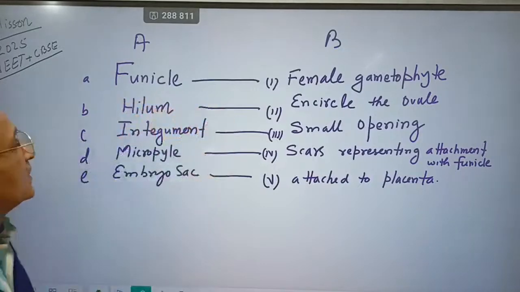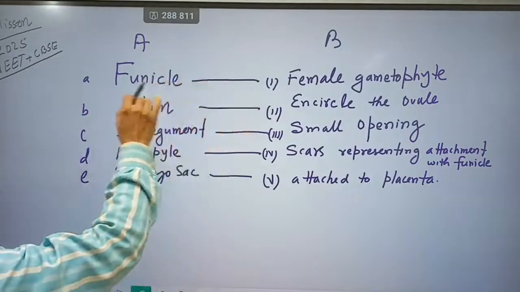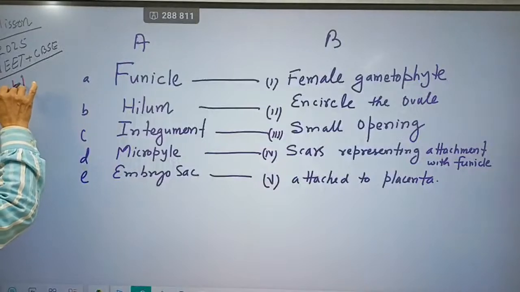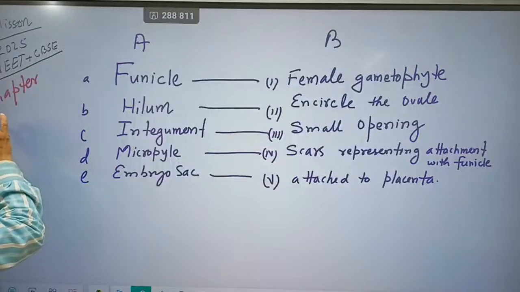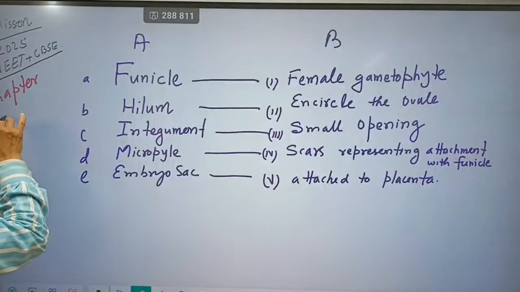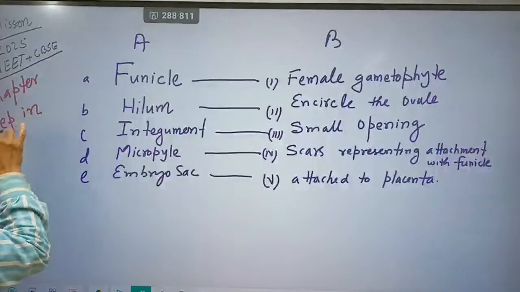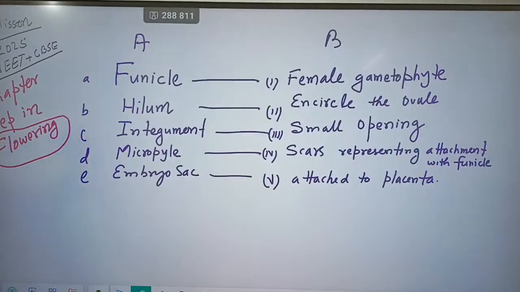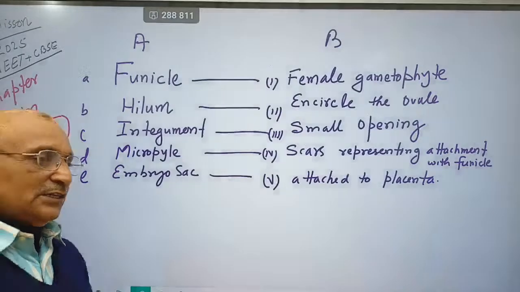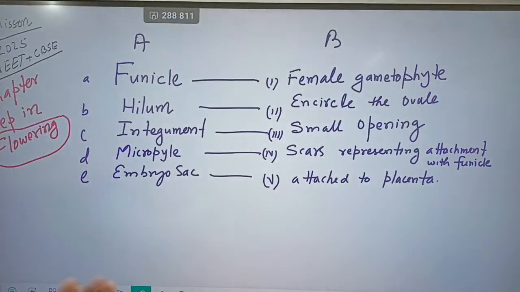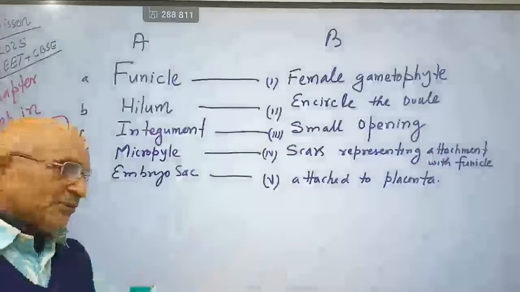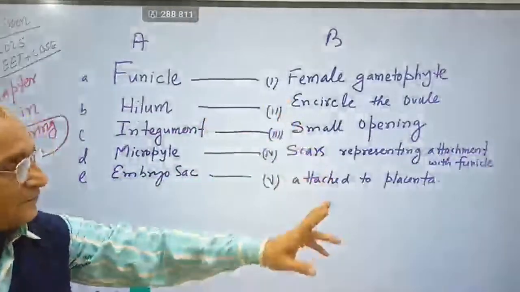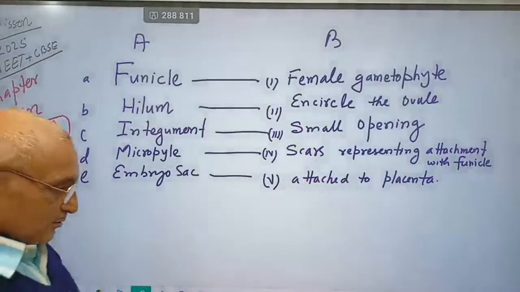I have taken this question from the chapter Reproduction in Flowering Plants. I have prepared NCERT line by line material for you. In every class I will give 5 to 10 questions, depending on the time, and you practice them. If you have prepared the chapter well, you can easily do it.